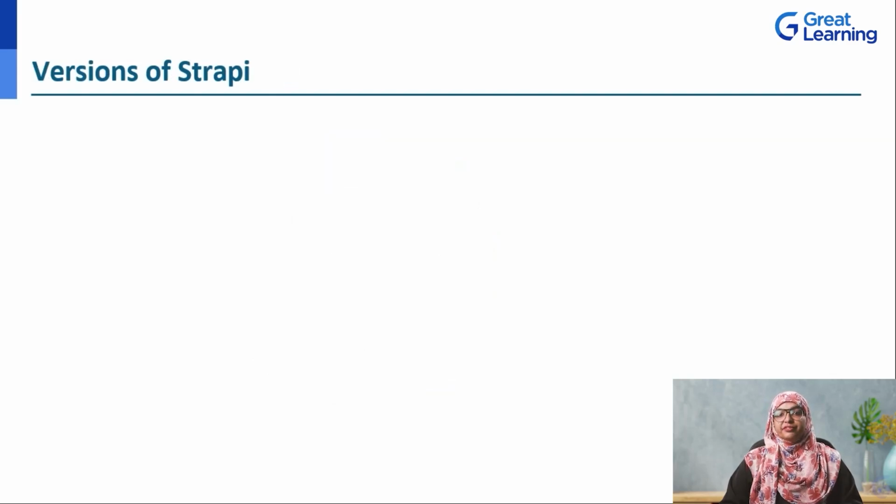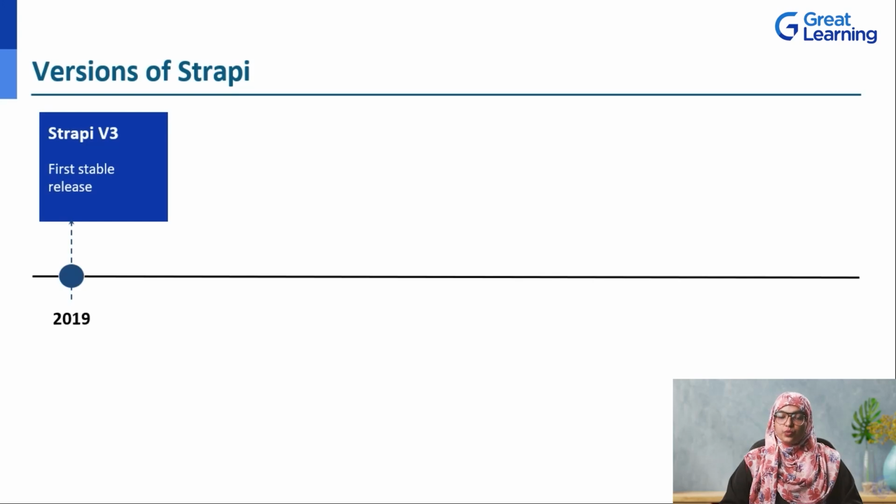Now moving on to the versions of Strapi. The first version was Strapi v3, that is version 3. That was the first stable release in 2019, which had limited features and just the initial features of a headless content management system.